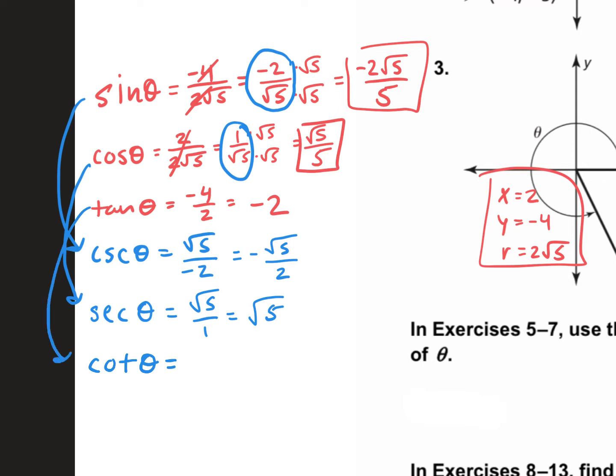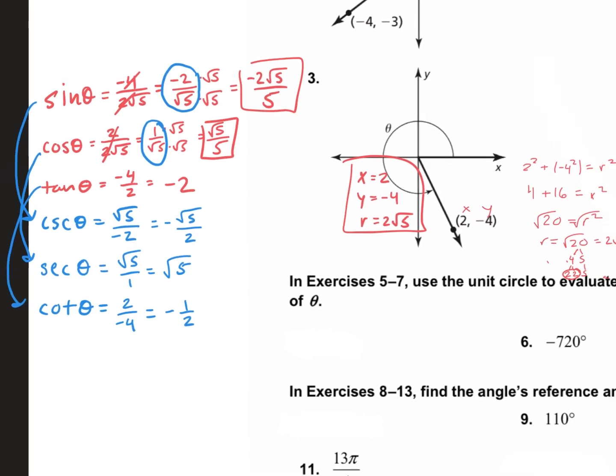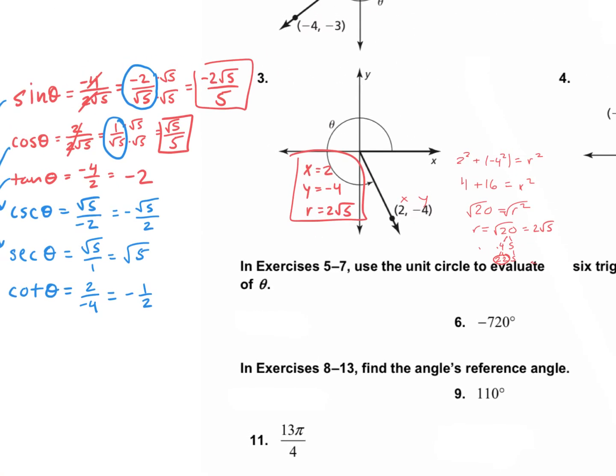So instead of negative 4 over 2, we have 2 over negative 4, which simplifies to what? 1 over negative 2. Perfect. Any questions on this one?